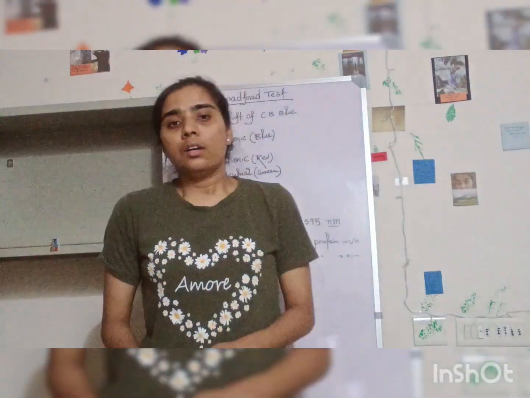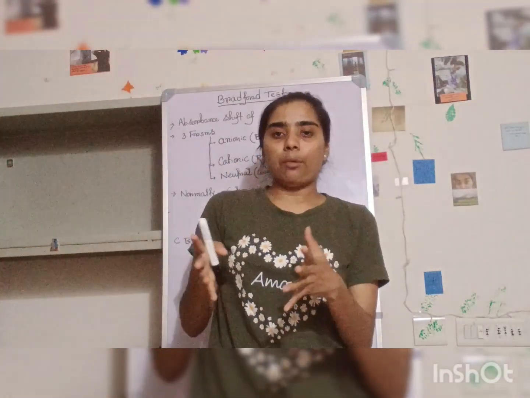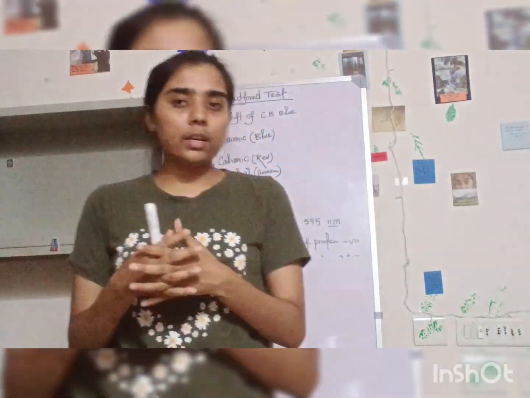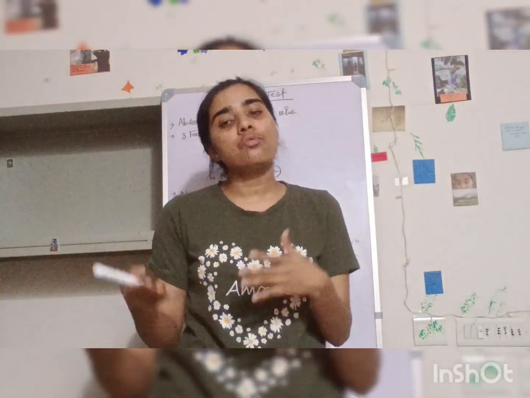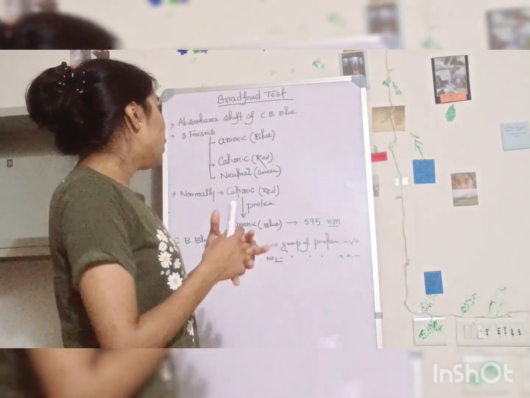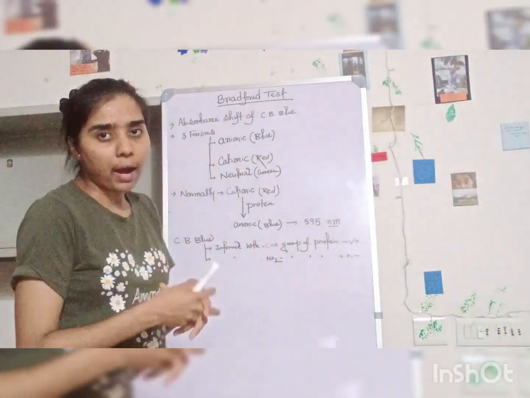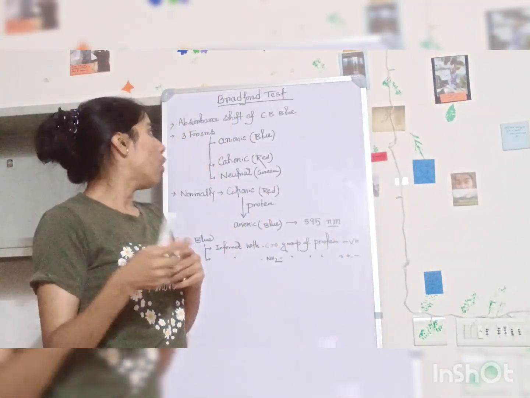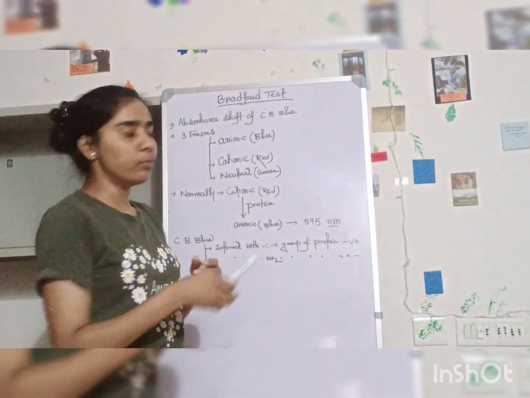Now we will go to the theory part of the Bradford assay. As I told, Bradford is the name of the scientist who discovered this assay. The Bradford reagent is nothing but one dye called Coomassie brilliant blue.